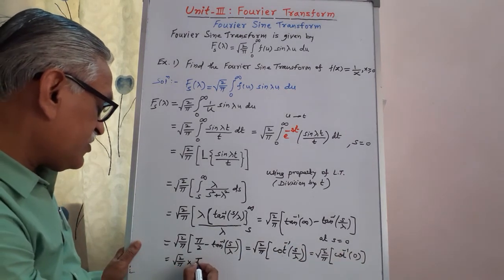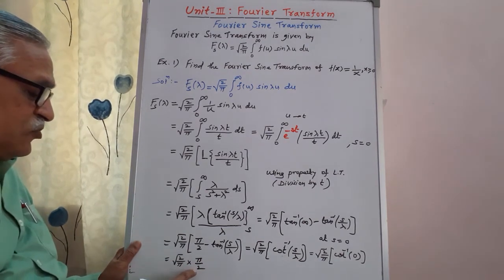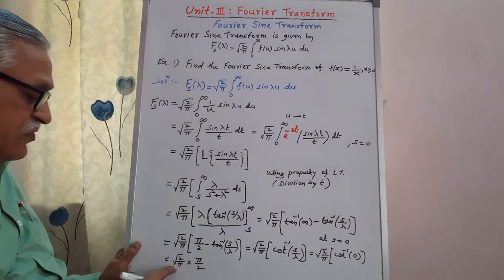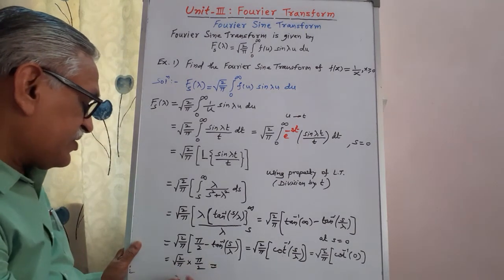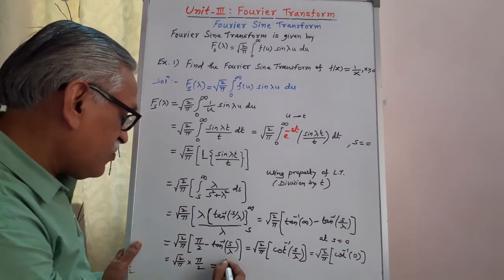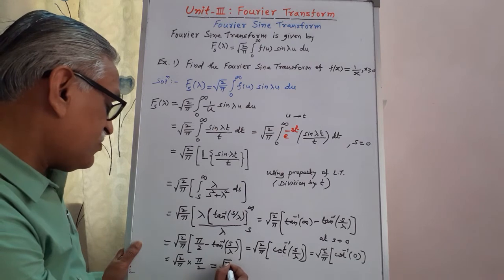The value of cot inverse 0 is pi by 2. This is root 2 by pi into pi by 2. After cancellation and simplification we get its value as root of pi by 2.